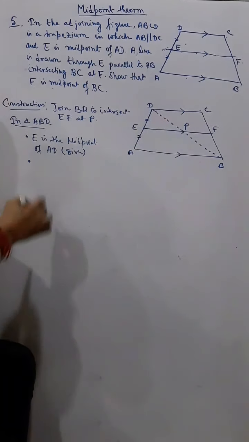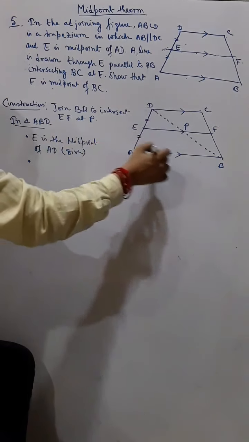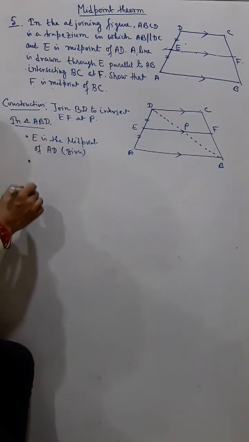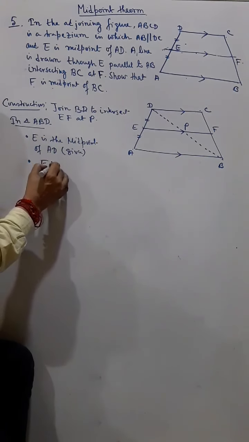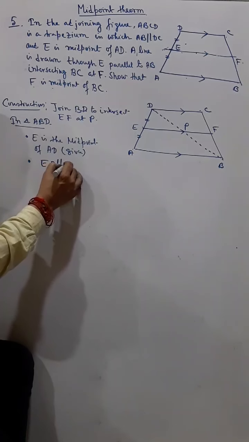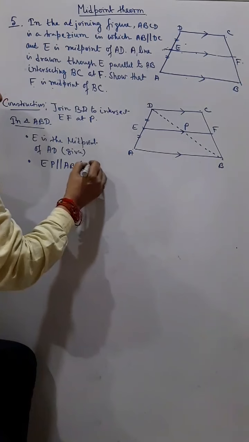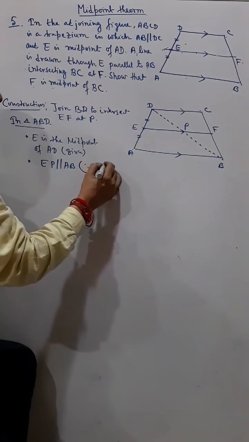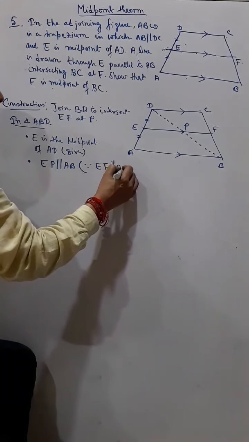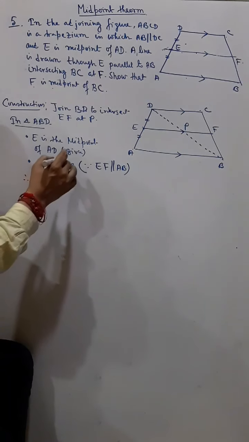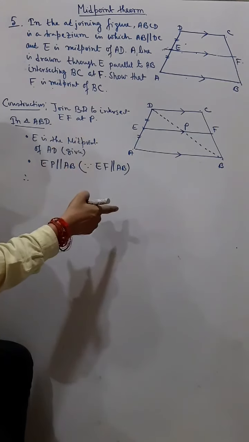Okay, now E is the midpoint in this triangle. We can say that E is the midpoint of AD, that is given. Now also we can say that EP is parallel to AB. Why? Since given EF is parallel to AB. Now therefore, if you remember, this is the converse of the midpoint theorem.